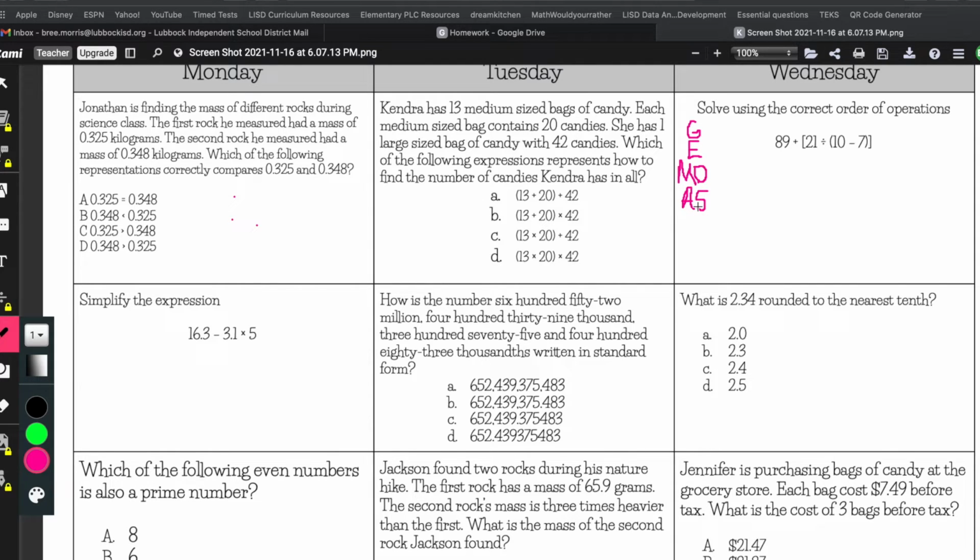Okay, do we have grouping symbols? Yes, we do. We're going to start with our innermost. 10 minus 7 is 3. So we rewrite our entire line of work down here.